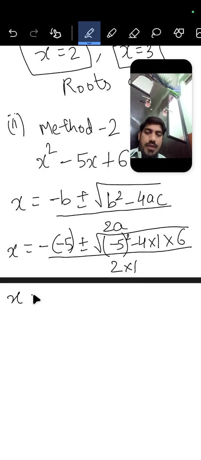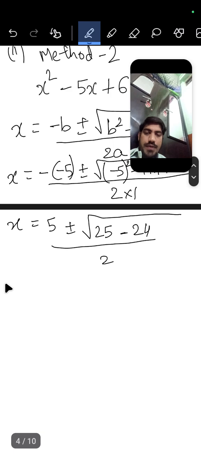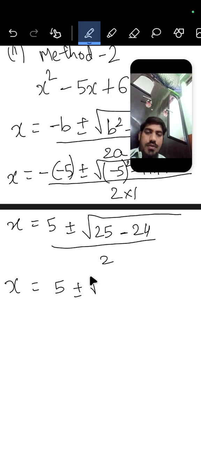So x is equal to negative of negative is positive, plus or minus square root of negative 5 square is 25 minus 4 times 6 is 24, divided by 2 times 1 is 2. This gives us x is equal to 5 plus or minus root 1 by 2. The square root of 1 is 1.